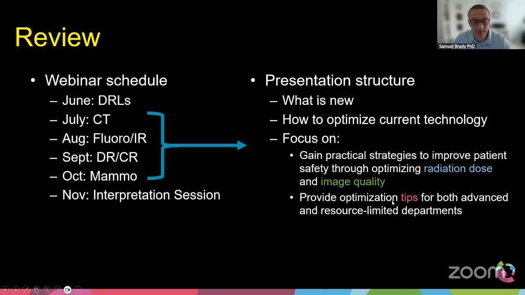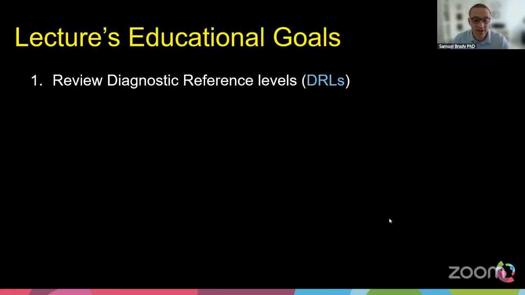I intend to give practical tips on how to optimize each of these modalities so that people with advanced technology or people that are working in resource limited departments can both gain knowledge on how to optimize their imaging equipment for their patients. So let's begin.